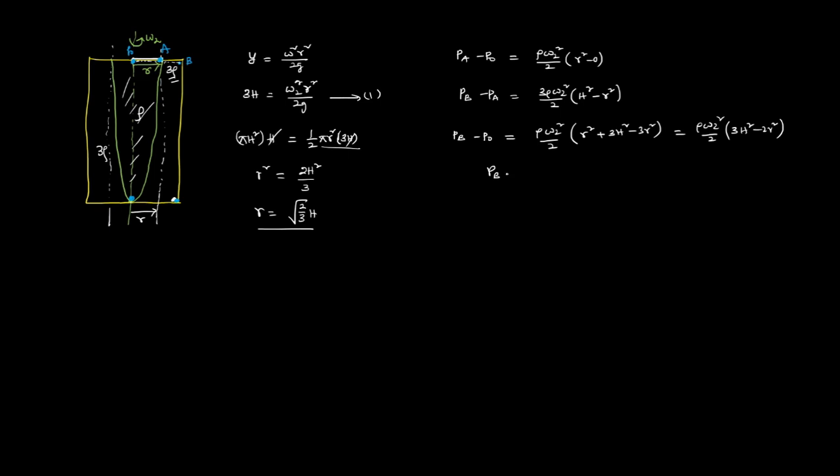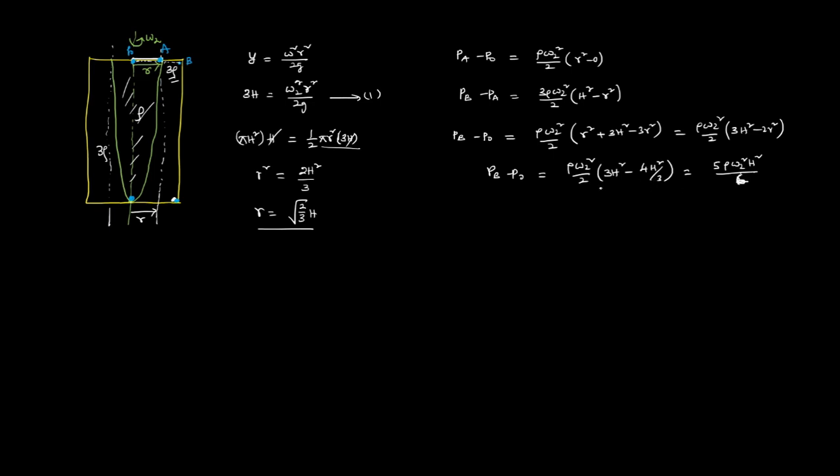Let us simplify this part: 3h square minus 2r square. r square is nothing but 2h square by 3, so it becomes 4h square by 3. Then you will get 9 minus 4, so 5 rho omega 2 square h square by 2, no, by 6.